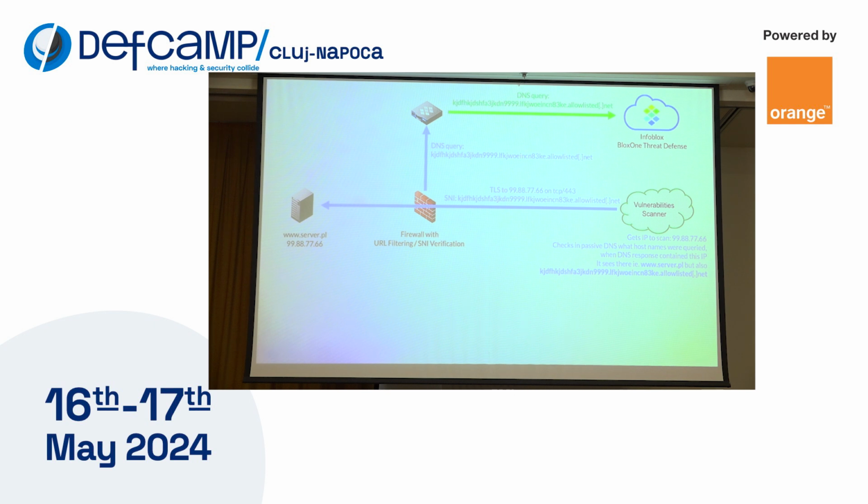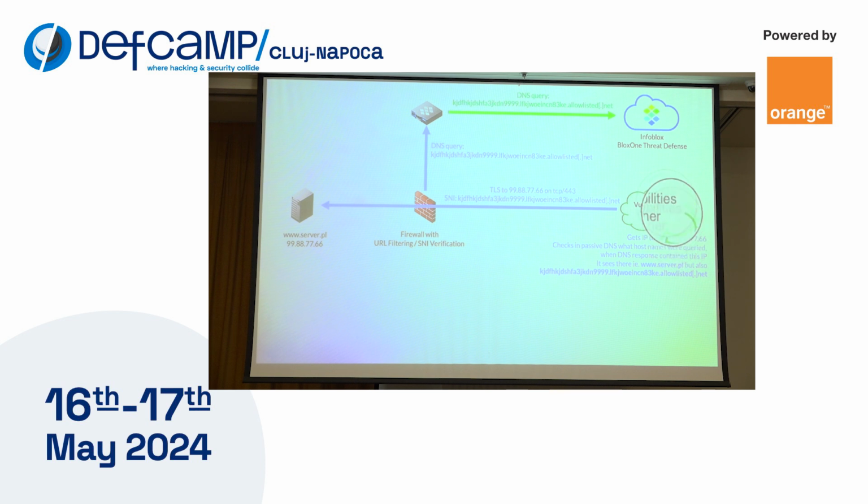So what they do is basically they look in passive DNS data, right? What host names were queried which have given this IP as a reply in DNS. So they will then connect over TLS to this IP, and in the SNI they can ask for www.server.pl, for example, but also, because in passive DNS they see this, they will also ask for this SNI.